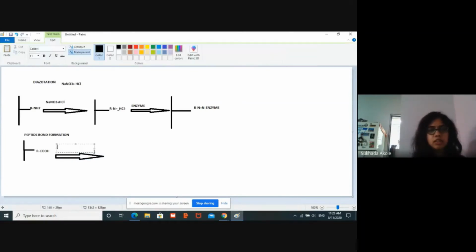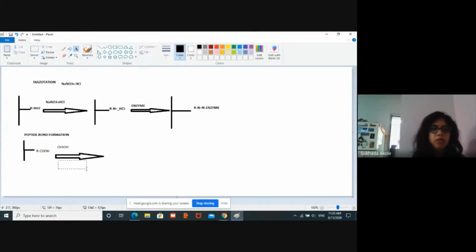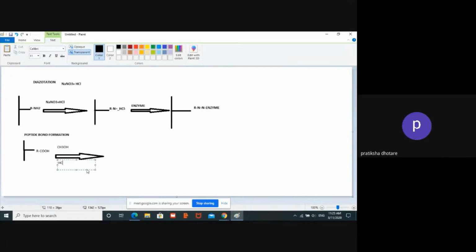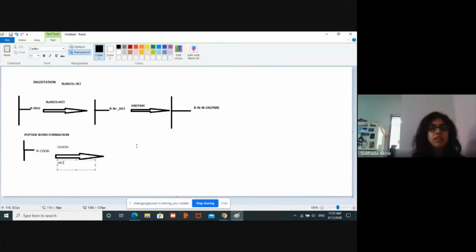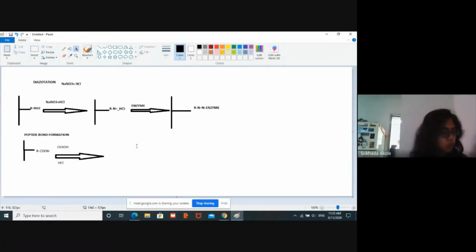CH3OH is what? Which molecule is it? Say the name. Methanol. Methanol, right? Methanol and hydrochloric acid. So I get an intermediate substance which is my RCOOCH3.